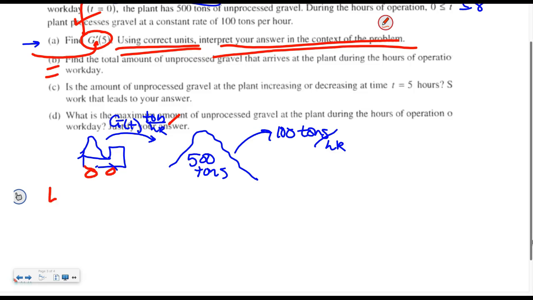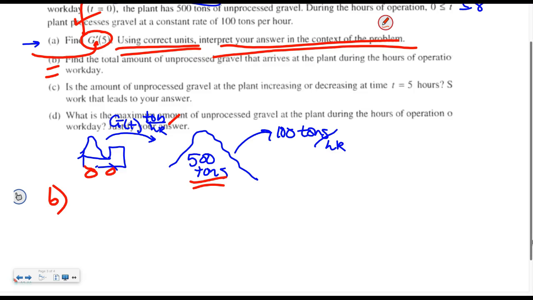Part B, the same question with chicken nuggets. I want to know if the amount of nuggets in the bin is increasing or decreasing at 12:30. What do I compare? So there's chicken nuggets in a bin, and I just want to know, did that increase or decrease at 12:30? What is at 12:30 compared to what it started at?